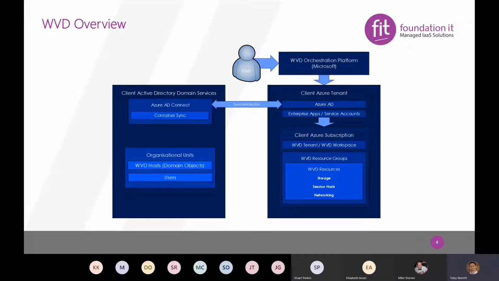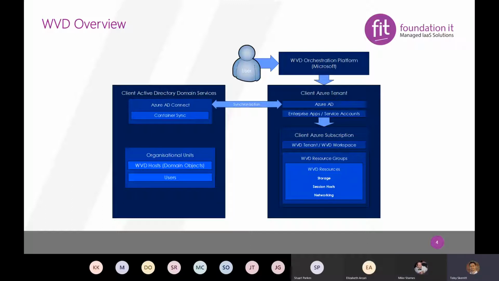So just to run you through what this high-level slide is showing, we have on the left a customer environment or an on-premise environment where you have your standard Active Directory. You have organizational units which live inside that Active Directory, so you'd have your user and your computer containers.